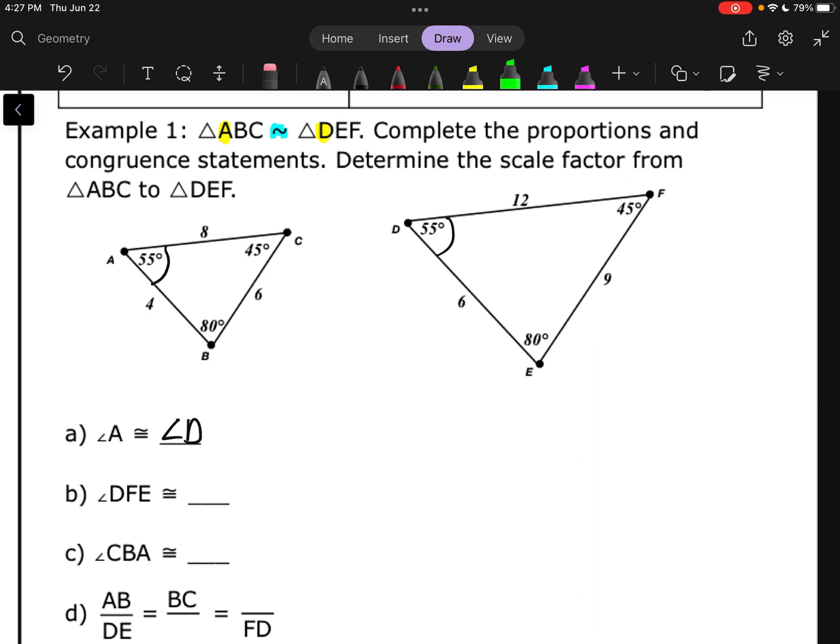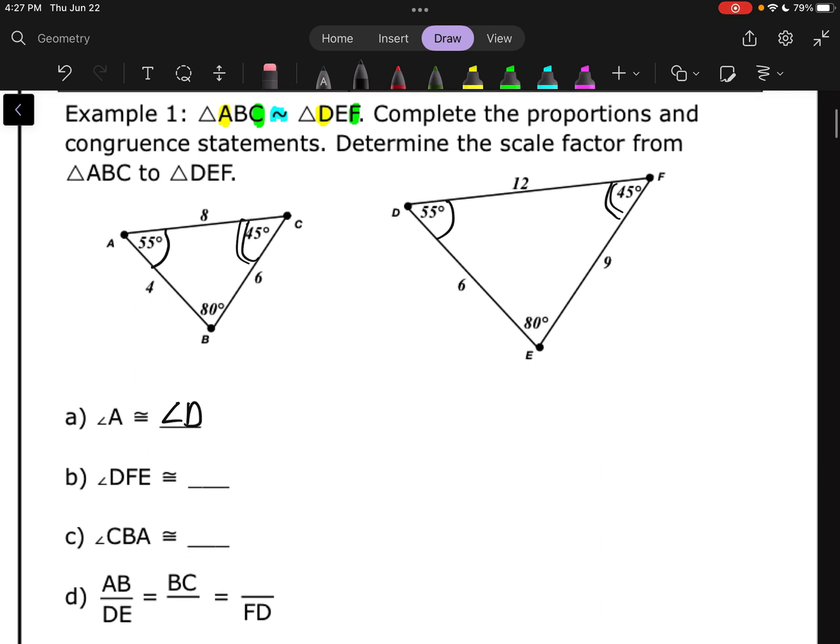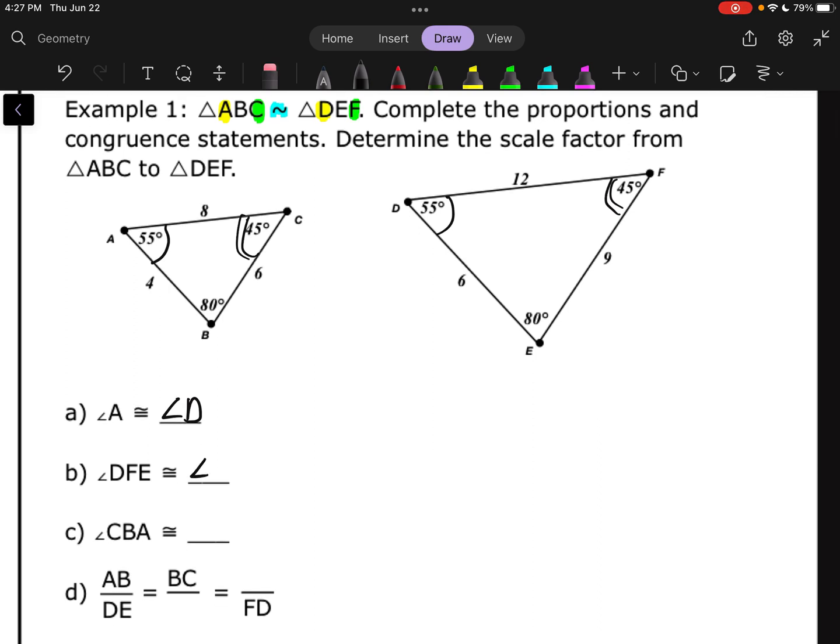Next angle here, DFE, middle letter F, should be congruent to angle C. So F and C. Obviously, we can tell by the 45s there, but that's what it's referring to. And so if we use the three-letter naming method, angle DFE would be the same as angle ACB.